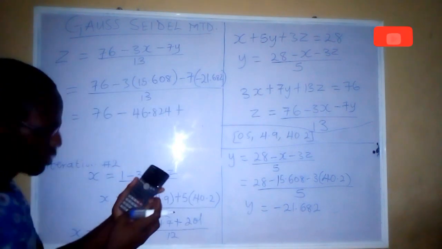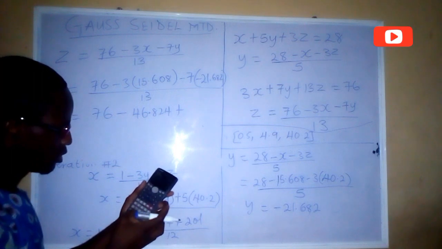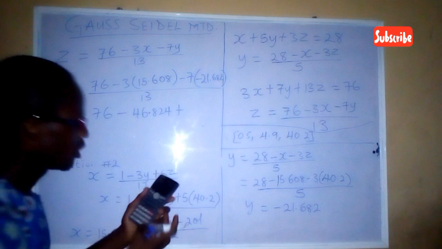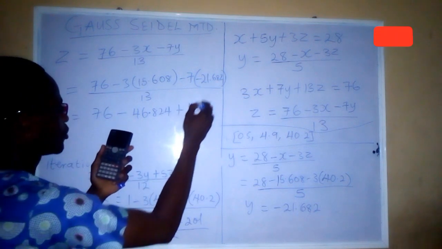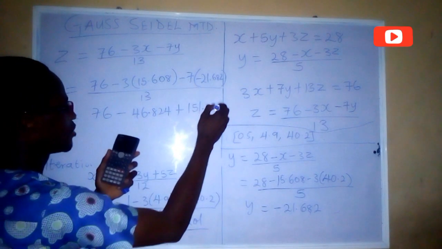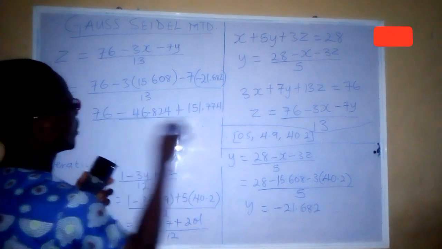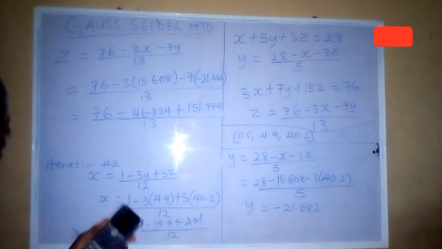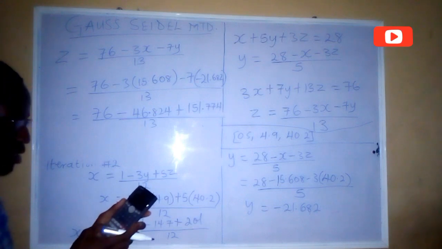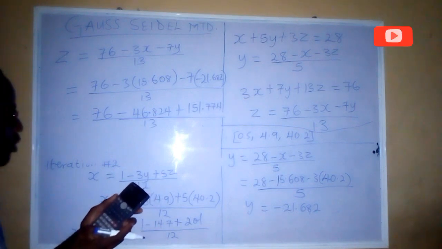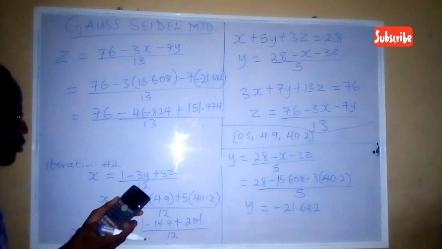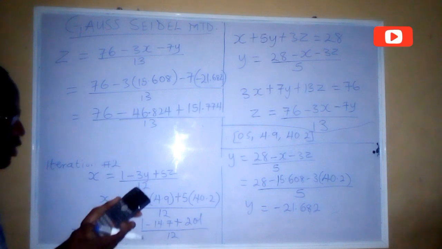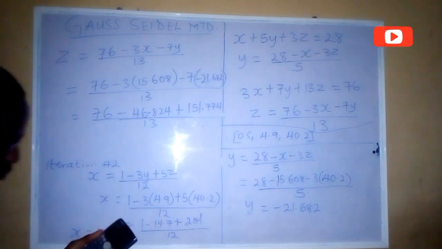So we go 7 times 21.682. That gives us 151.774. The addition of everything divided by 13. So we have 76 minus 46.824 all plus 151.774.